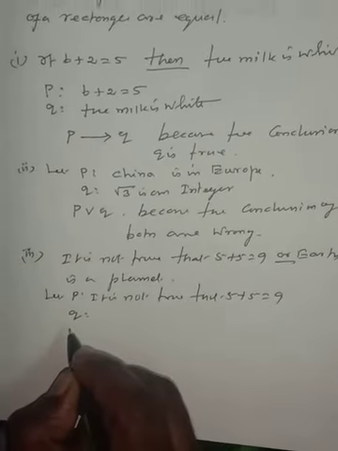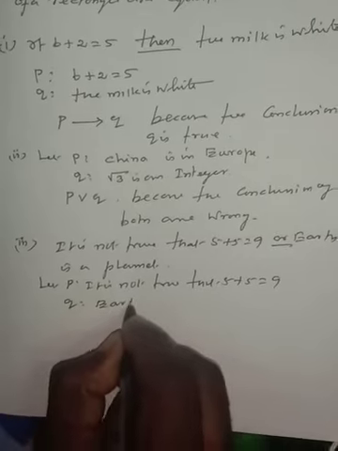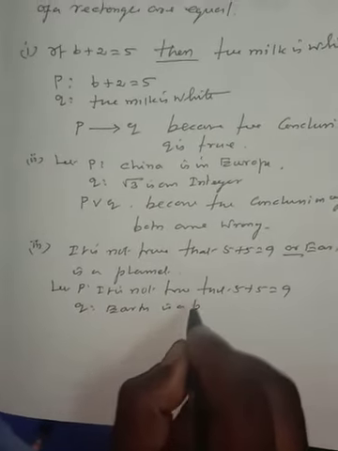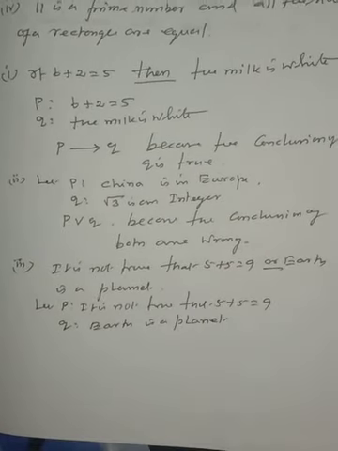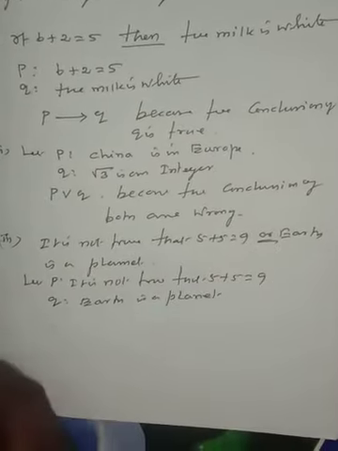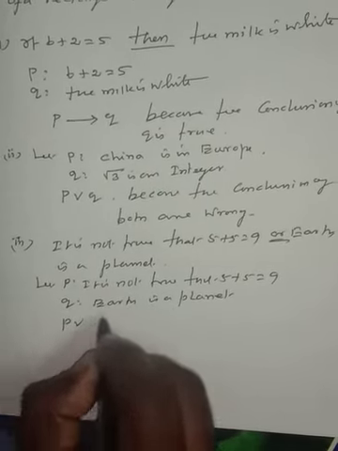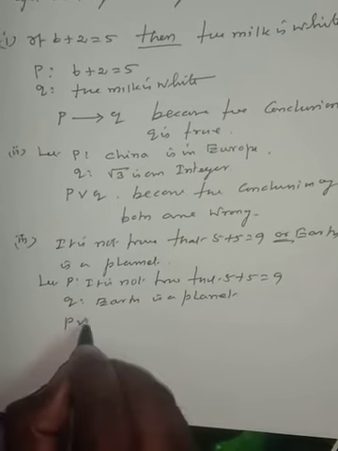Q postulate is Earth is a planet. The symbol is or. Therefore, P or Q.